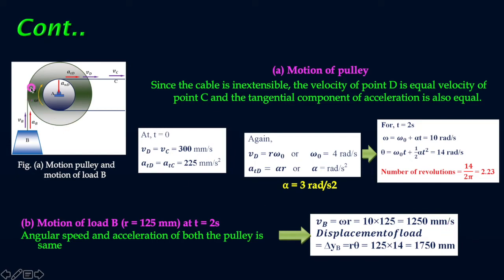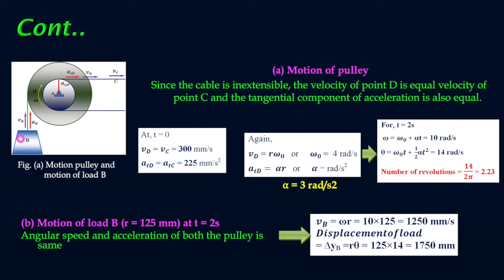Now this is the velocity of this point, and the same point is connected to the rope, meaning this cable is connected here. The direction of the cable is in the tangential direction. So the tangential velocity at this point B and the velocity of the block are the same. So this Vv is the tangential velocity at this point as well as the velocity of the block.